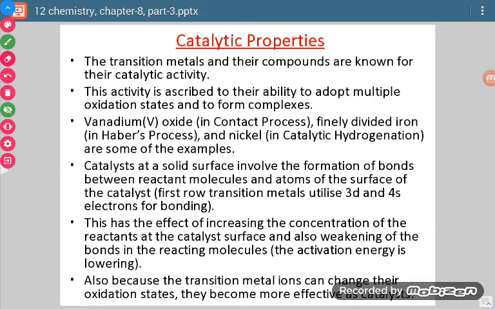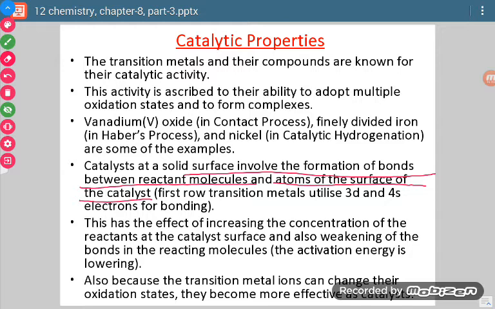Okay, now what does a catalyst do? Catalysis at a solid surface involves the formation of bonds between reactant molecules and atoms of the surface of the catalyst. So what is the role of a catalyst? It involves the formation of bonds between the reactant molecules and the atoms of the surface of the catalyst.